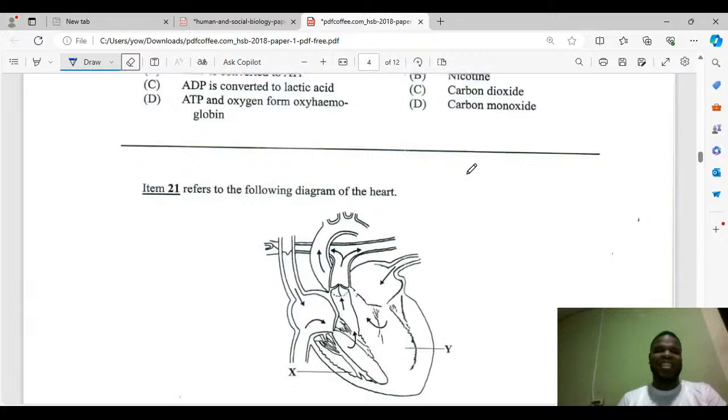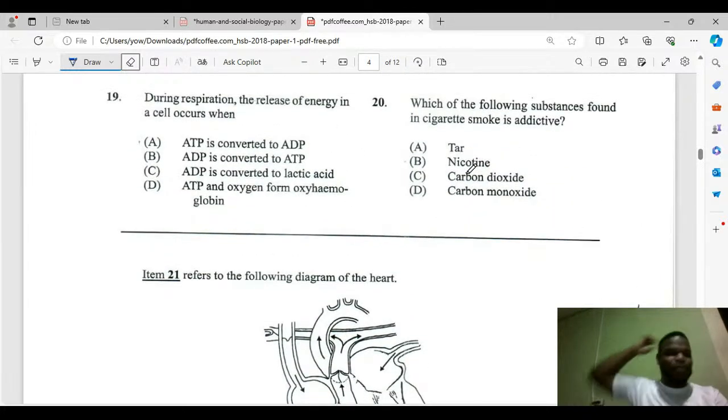Moving on. During respiration, the release of energy in a cell occurs when ATP is converted into ADP, ADP is converted into ATP, ADP is converted to lactic acid, or ATP and oxygen form oxyhemoglobin.